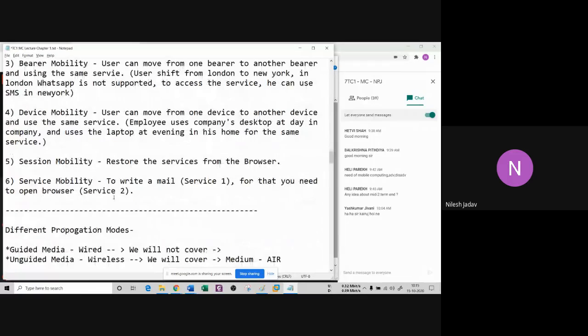Then we have device mobility, and device mobility is: a user can move from one device to another device and use the same service. What do you mean by that?